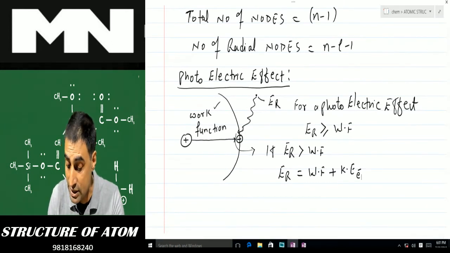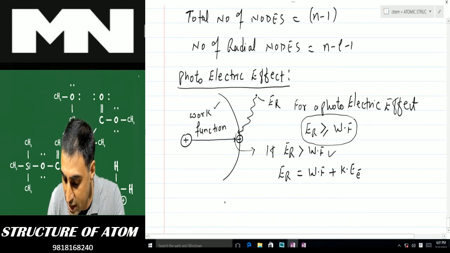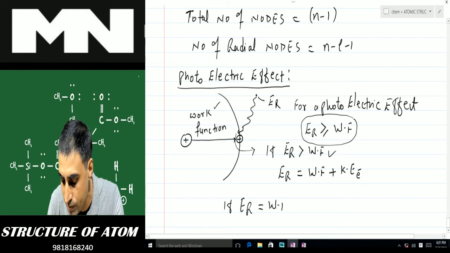Dear students, in this example I have taken the energy of radiation to be more than work function. It can also happen that the energy of radiation is just equal to work function.